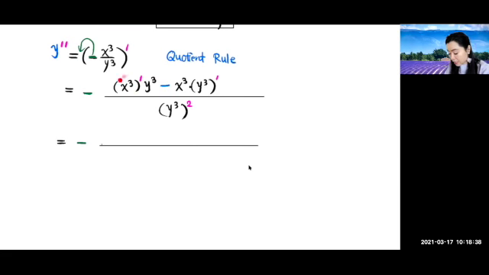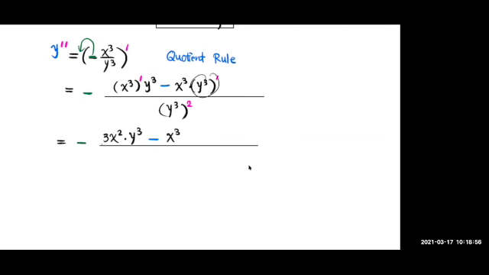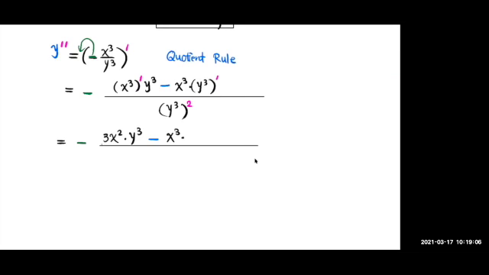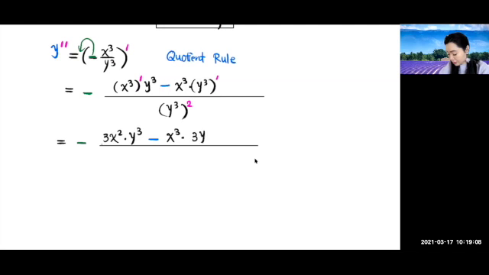So the derivative of x cubed is 3x squared, times y cubed, minus x cubed times the derivative of y cubed, which is 3y squared times y prime. You got it. Good job. And then in the denominator is y to the 6th power.